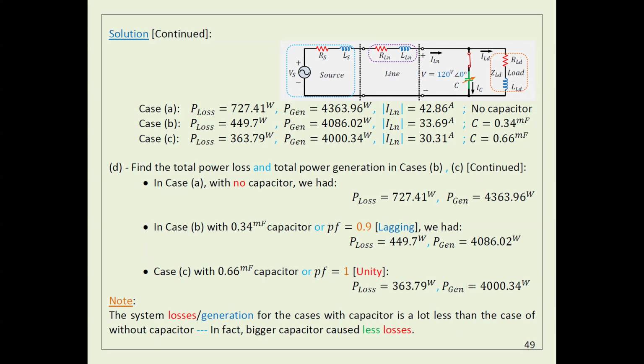So what happens here is that when I added this capacitor, the capacitance is going to cancel the impact of the inductor. Now the total impedance becomes only resistive. That's why the power factor becomes 1. They cancel each other. This is the meaning of it.